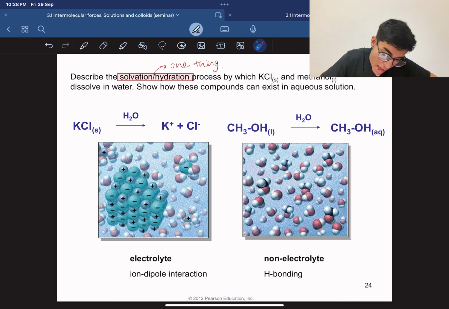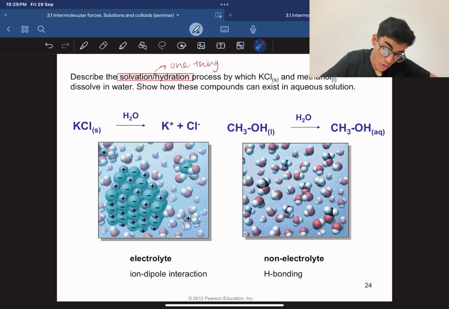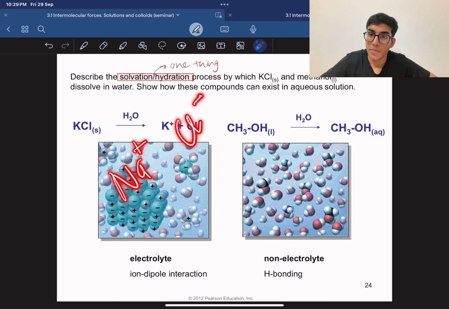Okay. And water molecules, let's draw them like this. This is O and this is H. We know that oxygen being more electronegative will have a negative charge and these will have positive. So, NaCl, Na plus, Cl minus, they split.